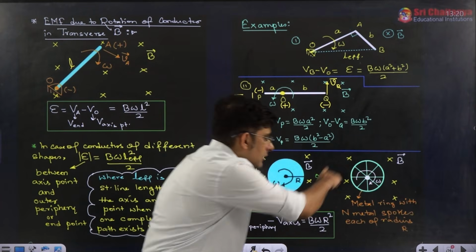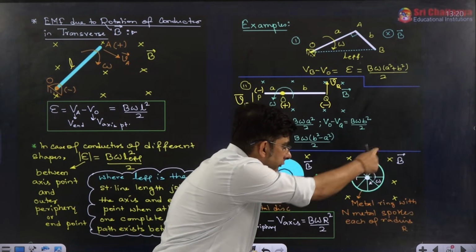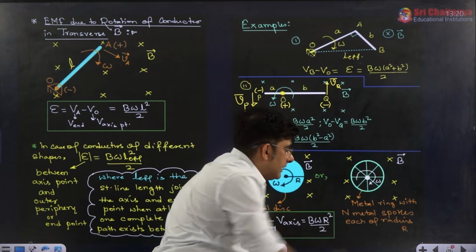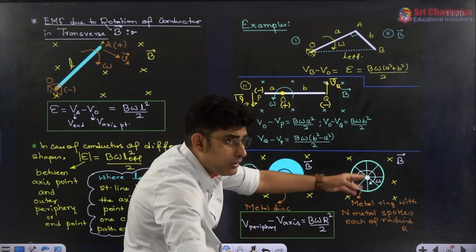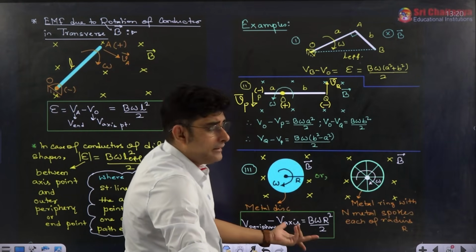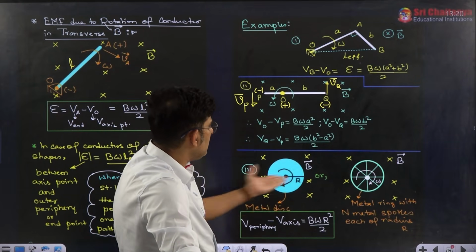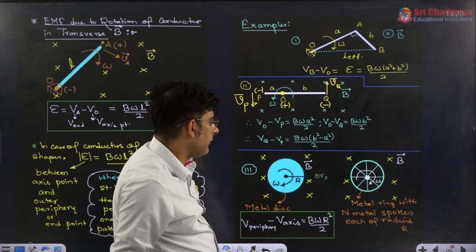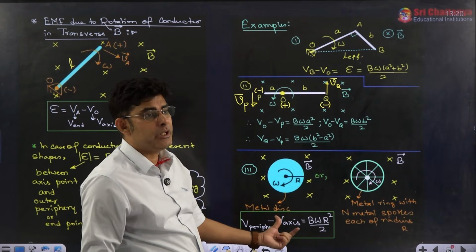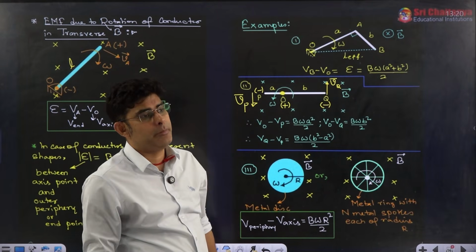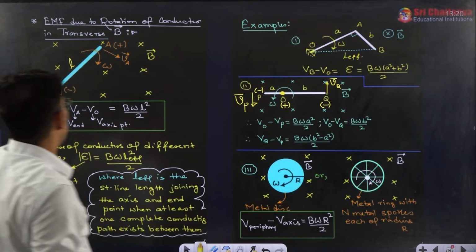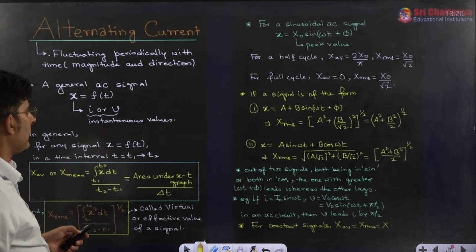Or if you have a round spoke ring with a large number n of metal spokes, do you have a conducting path from center to the rim? Answer is yes. So L effective in each case is capital R. So we will say the periphery and axis potential difference will be B omega R square by 2. That's it. So these are very important examples for rotation.